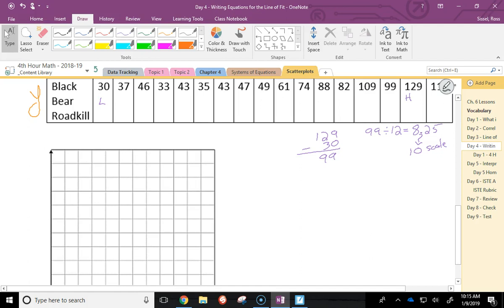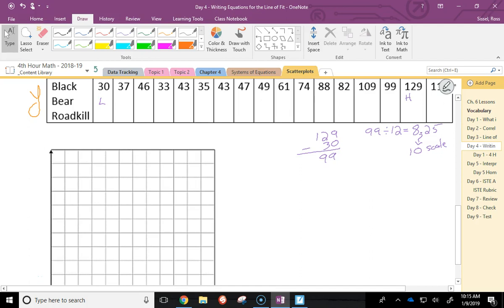Well, we want to estimate. I don't want to count by 8.25. I don't want to go 16.5, 24.75, and keep doing that. So instead, we can round up. I could have rounded to 9, but 9's really close to 10. And 10 is a landmark number that's very simple. So we chose 10. If you were to use 9, Dusty, on yours, it would have been okay. Your graph would have looked a little different, but it would have been okay.